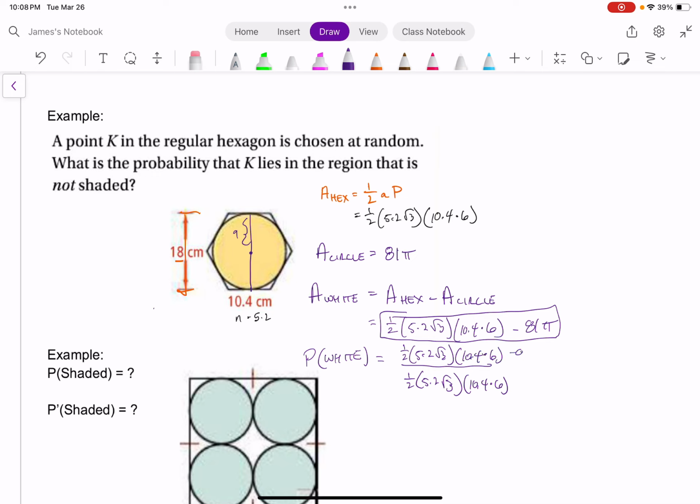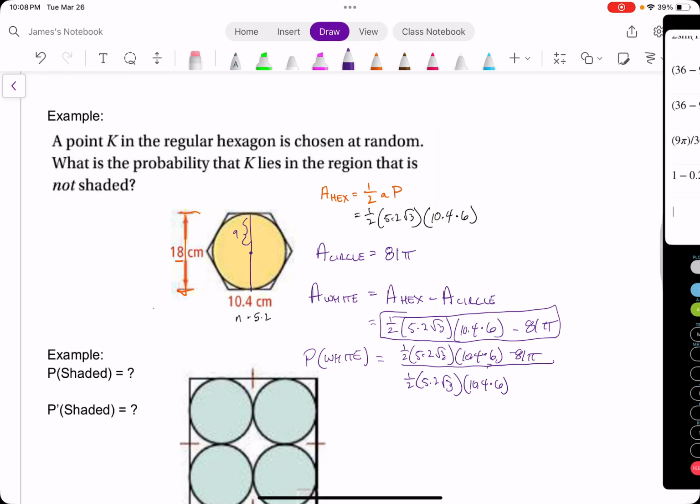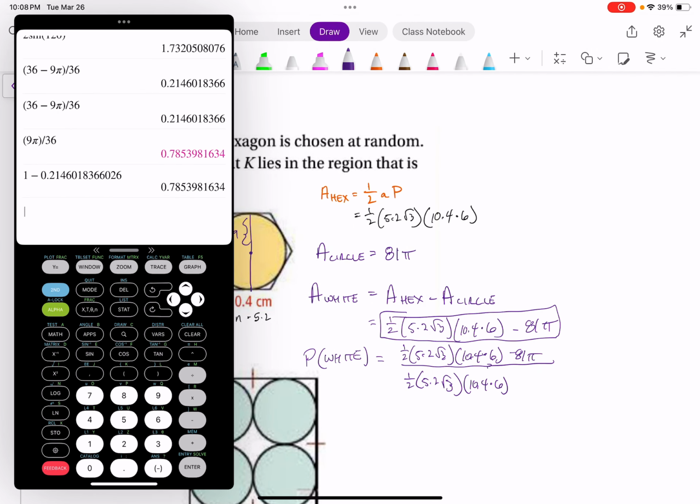That's my numerator. So I'm going to type that into my calculator. Be careful here. I'm going to put a parenthesis for my numerator. So then I got 0.5 times my 5.2 radical 3. Then we're going to multiply. So I'm going to multiply that then by the 10.4 times 6.